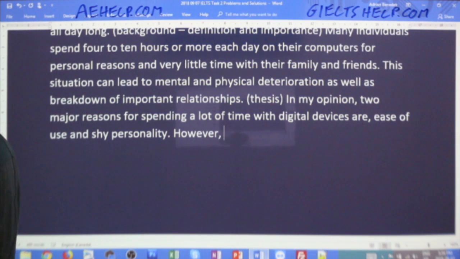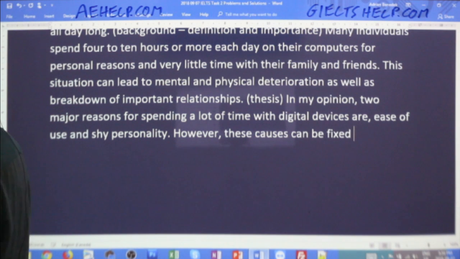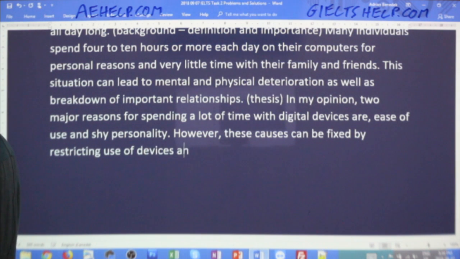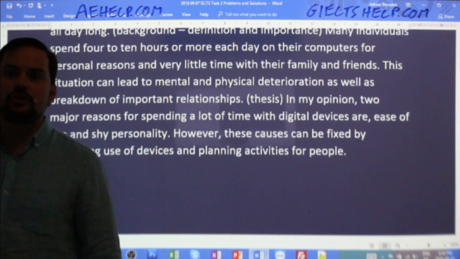However, these causes can be remedied or can be fixed, to use another word, by restricting use of devices and planning activities for people. Okay? So it's a 2-part thesis here.